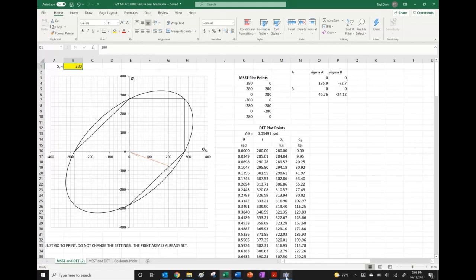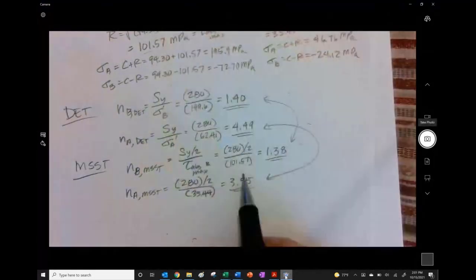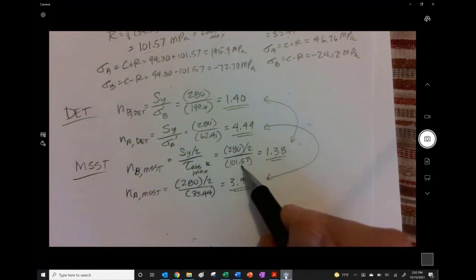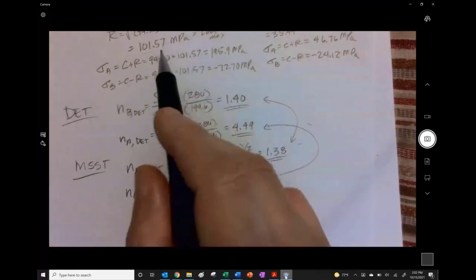So I must have done something wrong in this calculation. Let me double check this guy right here. Strongly suspect an error. 280 divided by 2 divided by 101.57. Yep, I get the same thing.